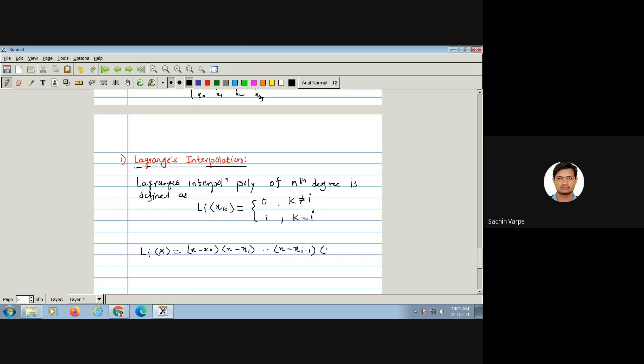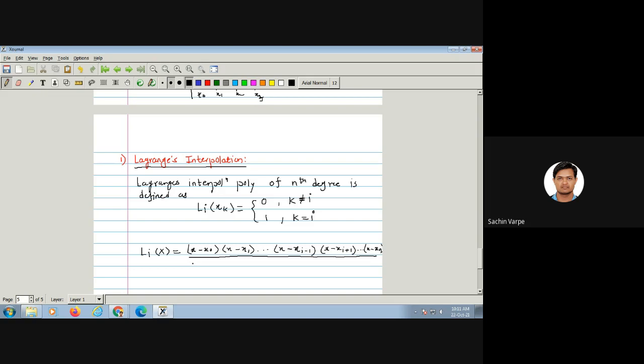Next term is x minus x(i+1), and so on, x minus xn, upon, wherever x is there, substitute or replace x by xi.